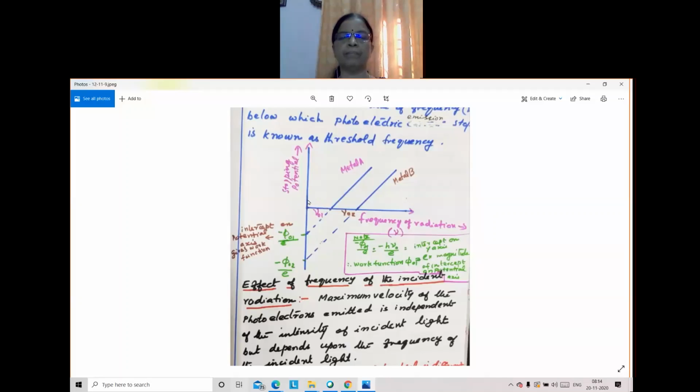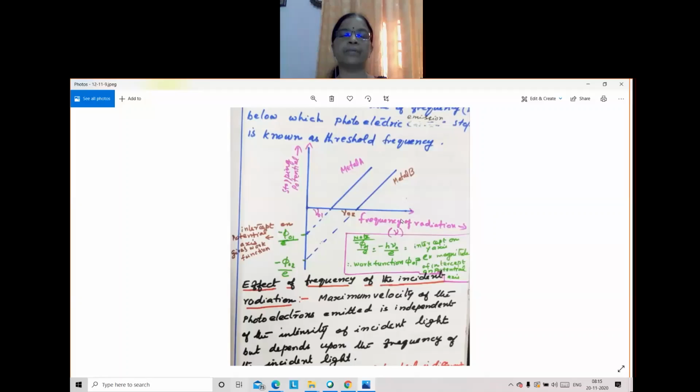But when we increase the frequency, see this point: frequency is here, and then stopping potential is needed. You can take this point, frequency is here, stopping potential is here. So stopping potential is needed and is directly proportional. Above the threshold frequency, what can we see? It is directly proportional to the frequency of the radiation.